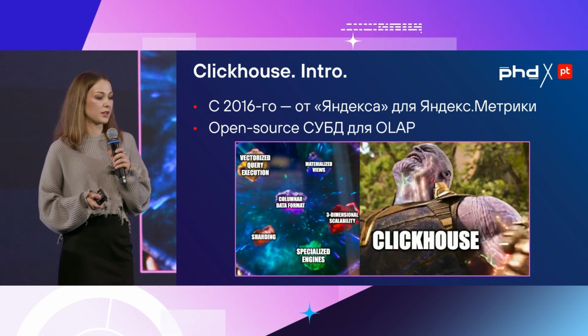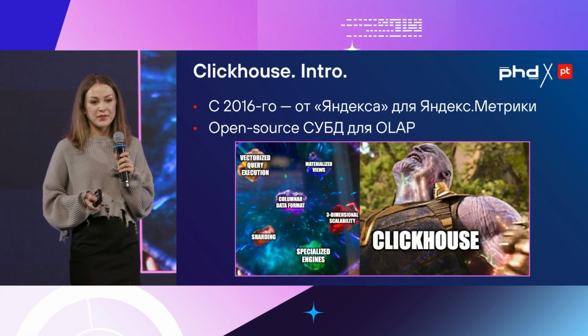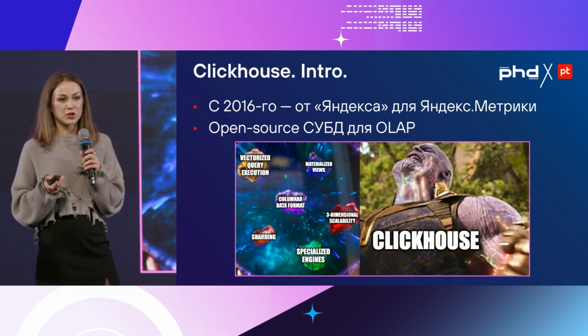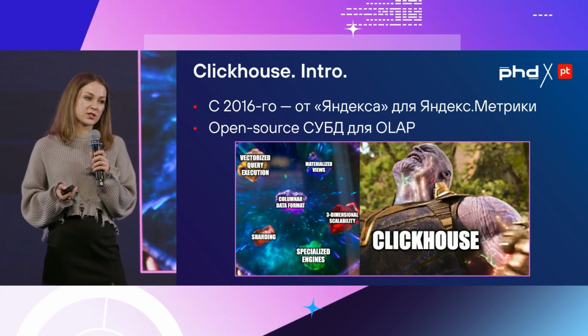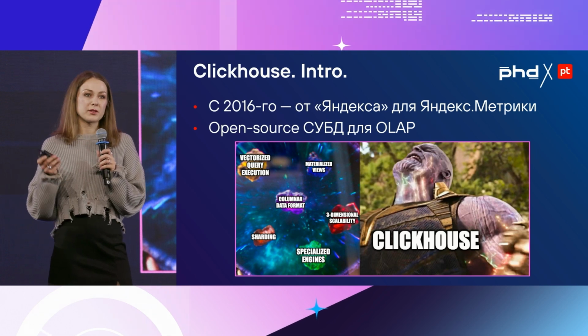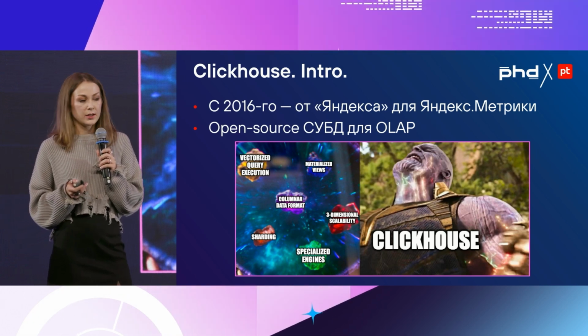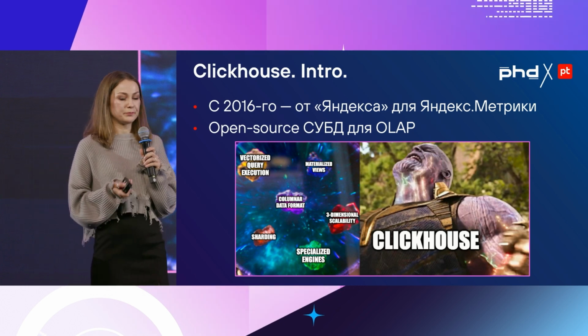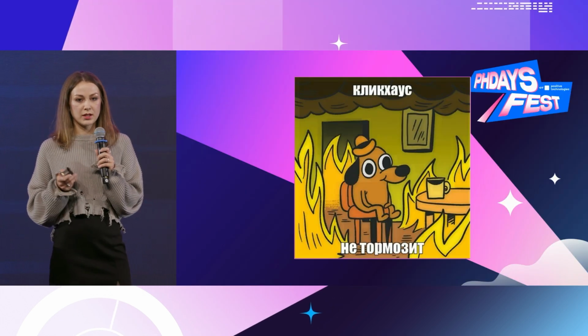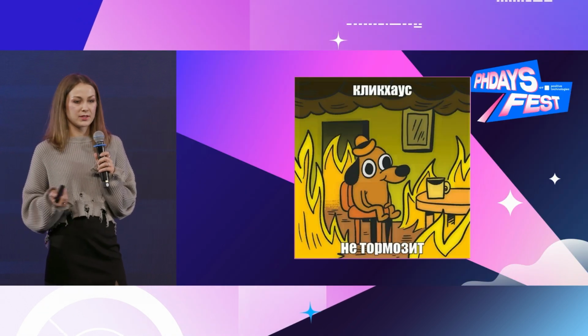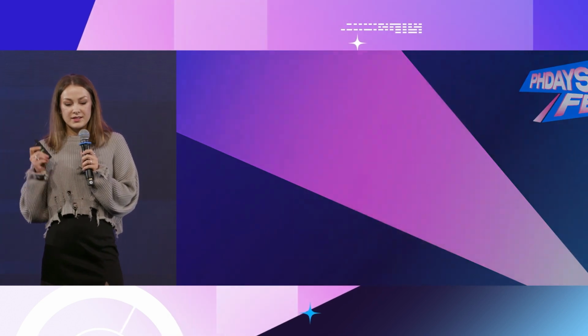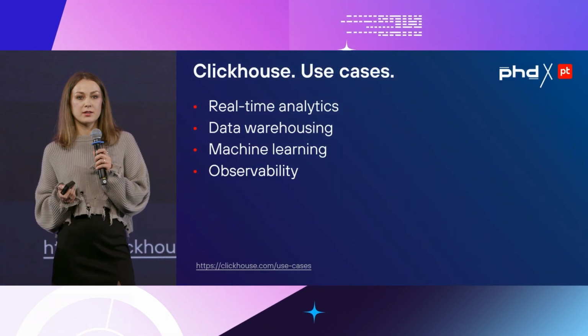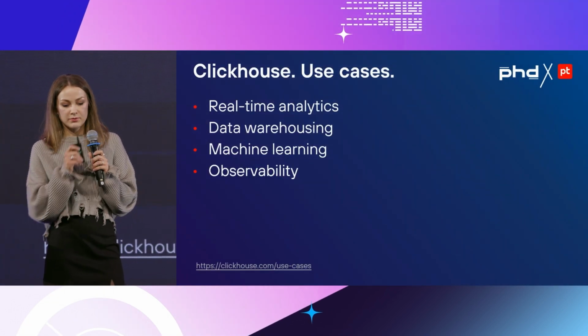It went open source in 2016, and it is famous for its fast, stable engines, and all of those things make it stand out, really. And we know that it doesn't freeze.